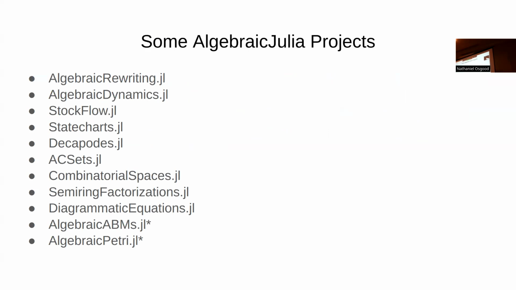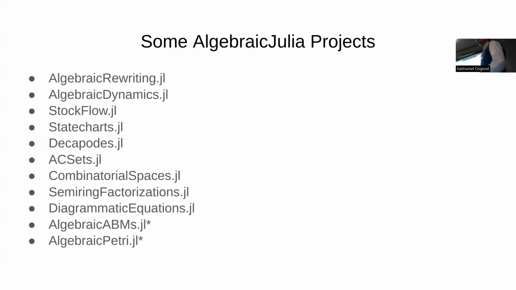These are some of the projects that are reasonably active in algebraic Julia, with the exception of AlgebraicPetri, which is a little bit long in the tooth right now and really needs some updating. AlgebraicABMs is in an early stage, but it's quickly taking form and has a lot of useful functionality already.